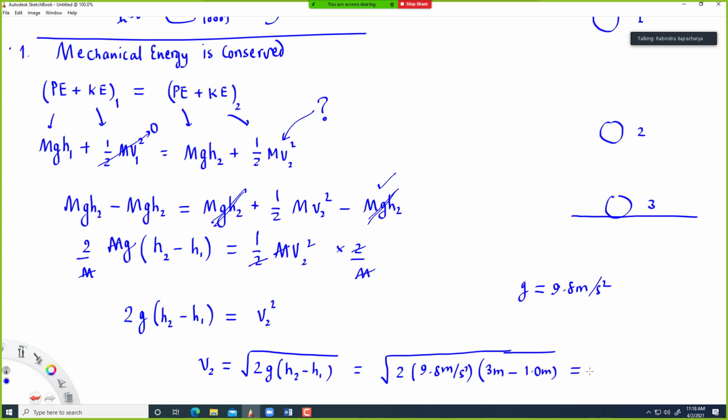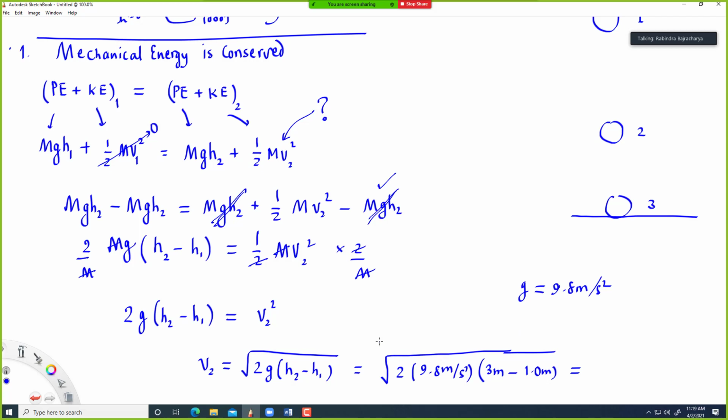That will give you the speed as it falls to 1 meter above the ground. You can do that calculation. I will let you guys do that calculation.